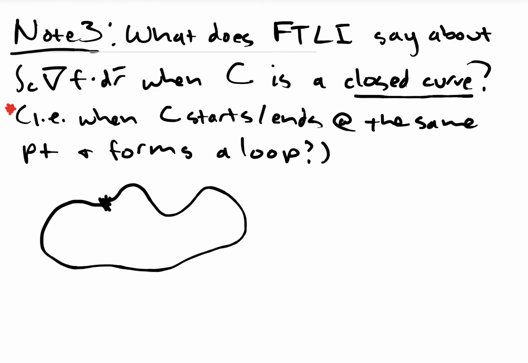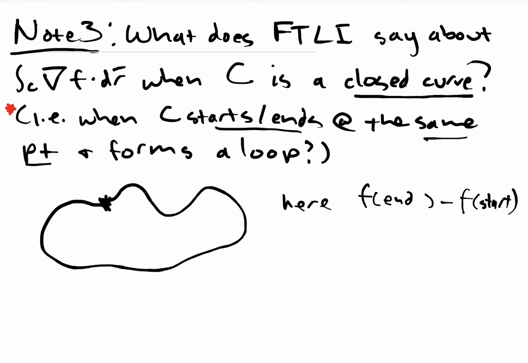Now, if you're starting and ending at the same location, think about what happens here. If I've got this f of end minus f of start idea for applying the fundamental theorem of line integrals to this gradient of f, well, basically the end point and the start point are the same thing, right?